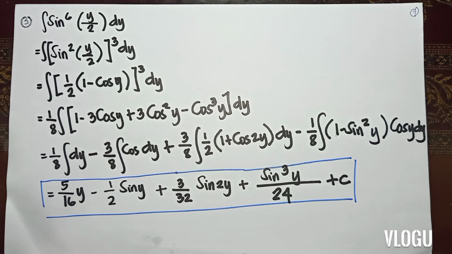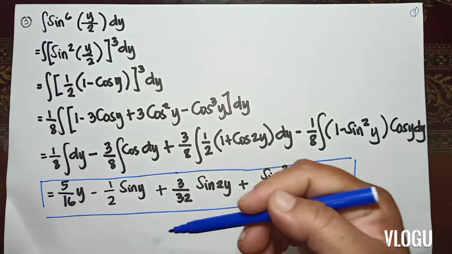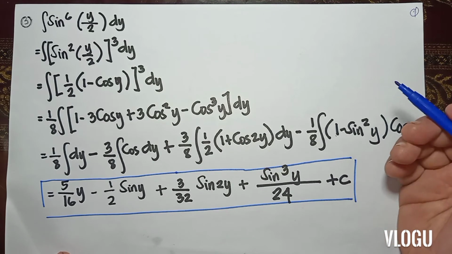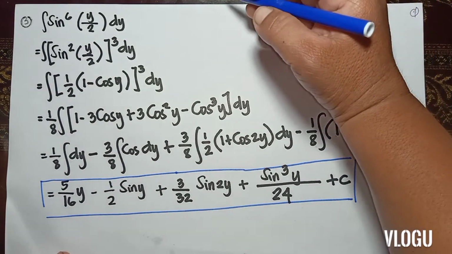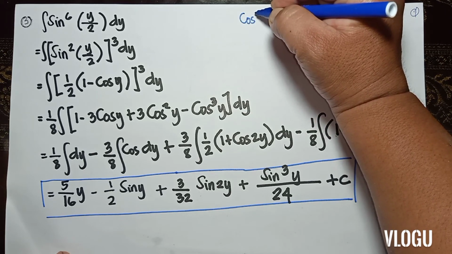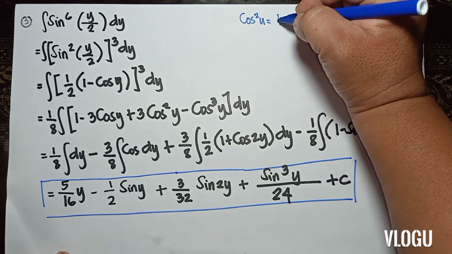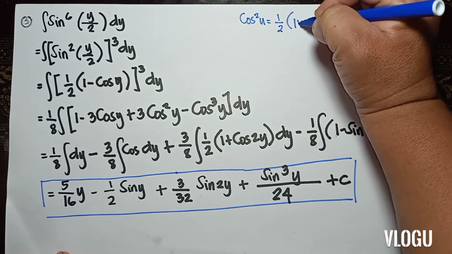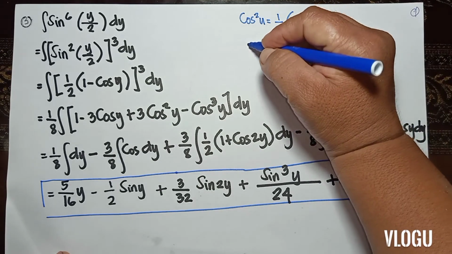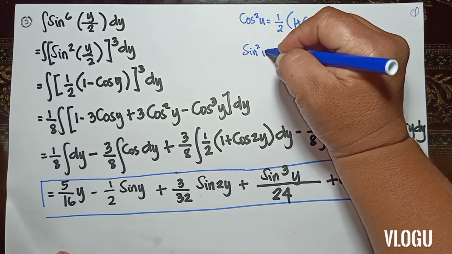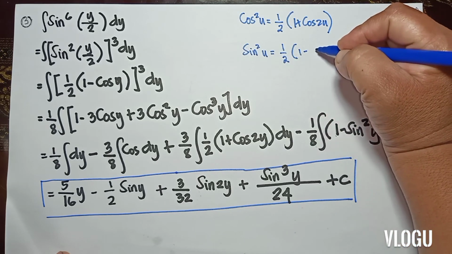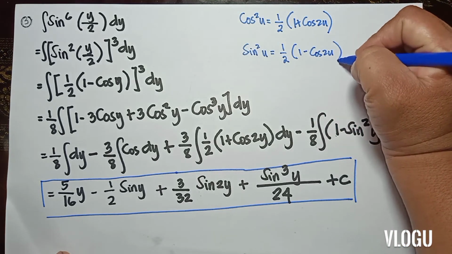For even identities, you use cosine squared u, that is equal to 1 over 2, 1 plus cosine 2u. Or if you will have sine squared u, that is 1/2, 1 minus cosine 2u.